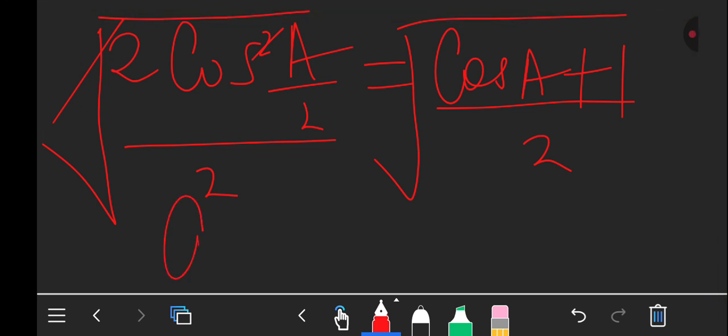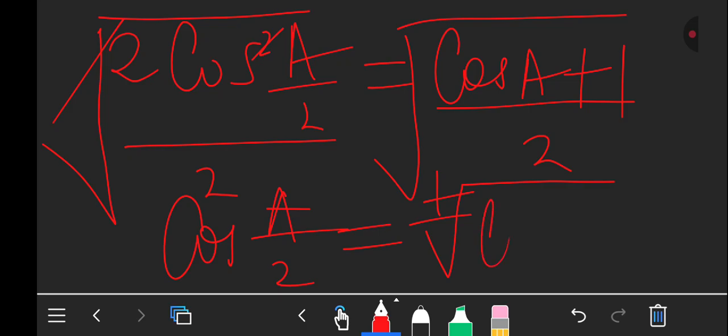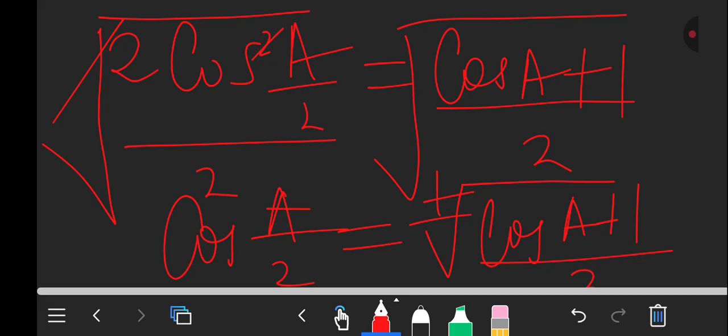We're going to remain with cos a over 2 is simply equal to, and we know that the result from the square root can either be positive or negative, so it will be cos a plus 1 everything over 2. So that is the half angle for cos. The half angle for cos is simply positive or negative square root of cos a plus 1 over 2. Everything must be in the square root.